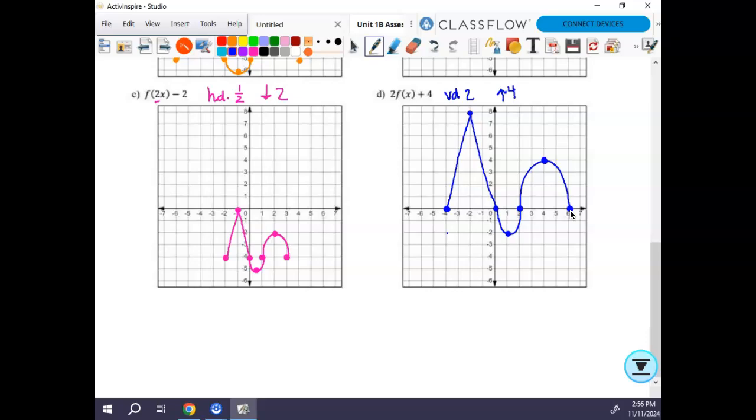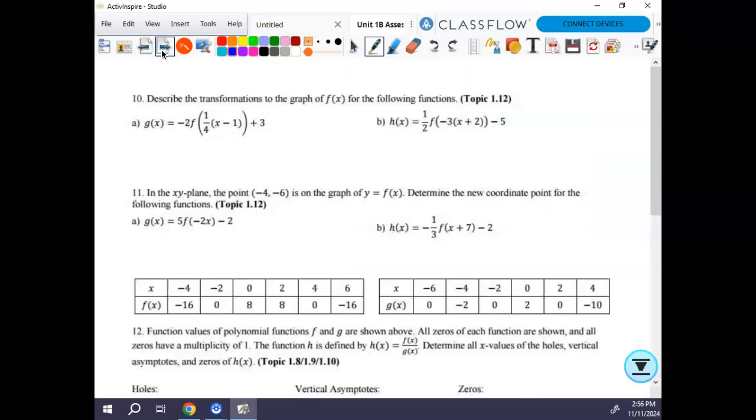All right, last page. Describe the transformations to the graph. Okay, so we're going to start at the left and go from left to right. So this negative means I'm going to have a reflection across the x-axis. This 2 is on the outside of the function, so that is a vertical dilation by 2.